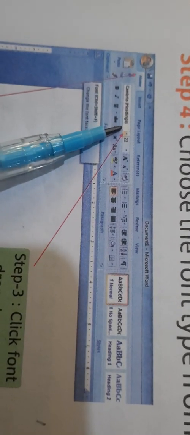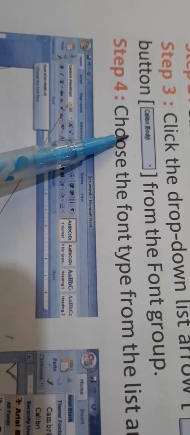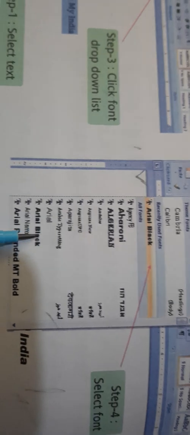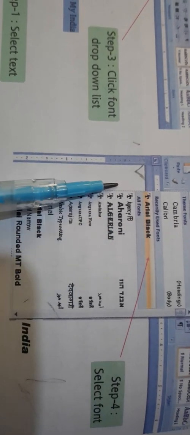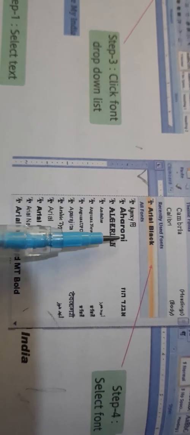Here right now the font type is Cambria Headings. Usually by default you will see the font type says Calibri Body. Here you will press on this drop down list arrow box, and then you will see that many other fonts are given to you. You can see that the look is different.